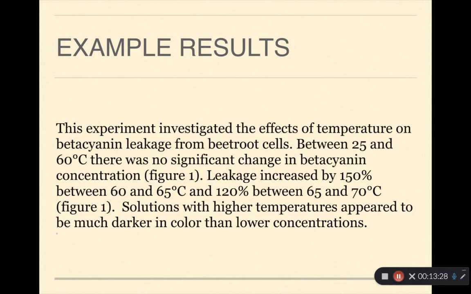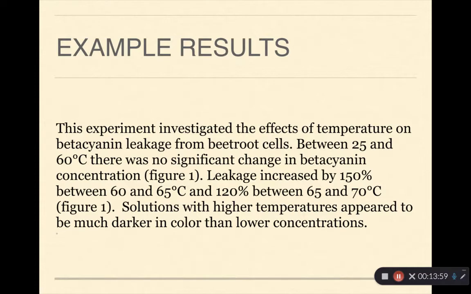So, an example. This experiment investigated the effects of temperature on beta-cyanin leakage from beet roots. Between 25 and 60 degrees Celsius, there was no significant change in beta-cyanin concentration, Figure 1. Leakage increased by 150% between 60 and 65 degrees C and 120% between 65 and 70 degrees C, Figure 1.